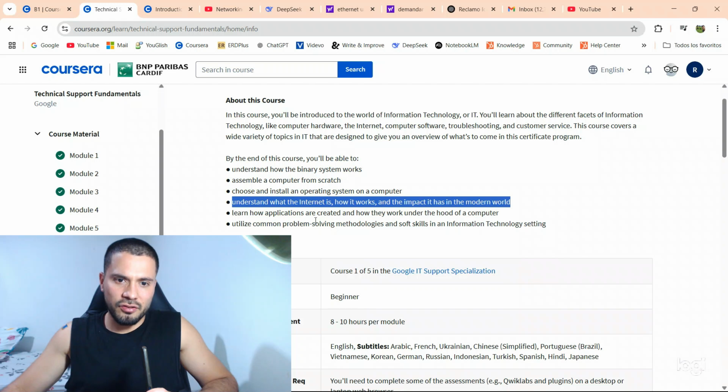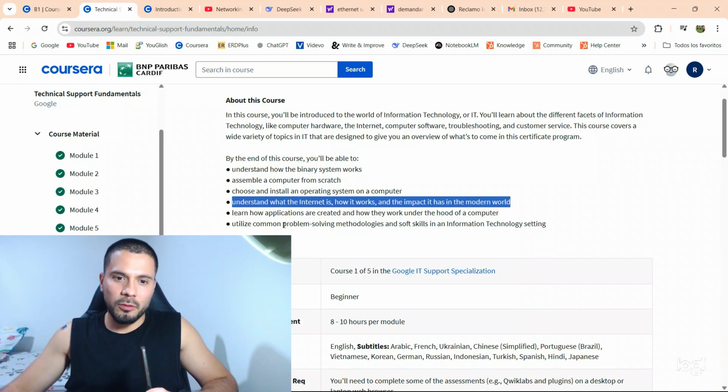Learn how applications are created and how they work under the hood of a computer. They explain everything about software: application software and system software. All the things that you see on the internet exist because a systems engineer coded and created the application and put it on a server that is accessible through a web browser.